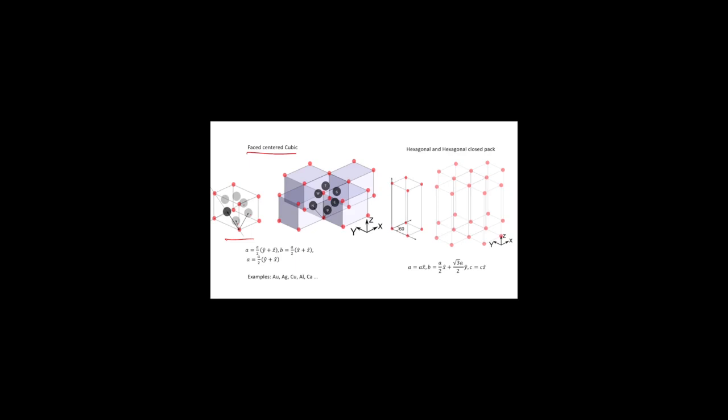Now the simplest unit cell, or simplest steps that you can take so that the arrangement does not change, is this: A is taken to be half steps in y and z, half steps in x and z is taken as B, and half steps in y and x is taken as C. So you can see that the lattice vectors are taken like this in each direction.